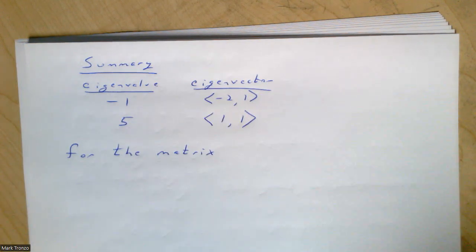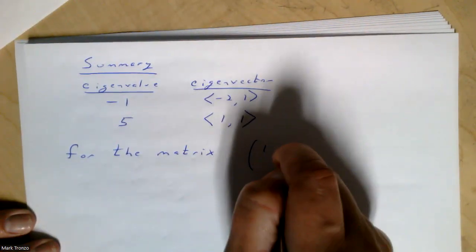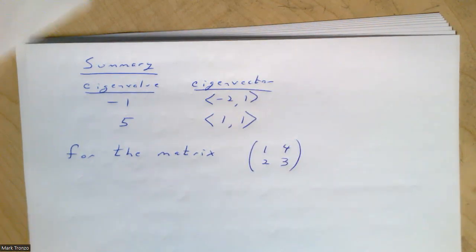For the matrix, let me go back to get our original matrix. That was 1, 4, 2, 3. So again, that's an example of how to find eigenvalues and eigenvectors.